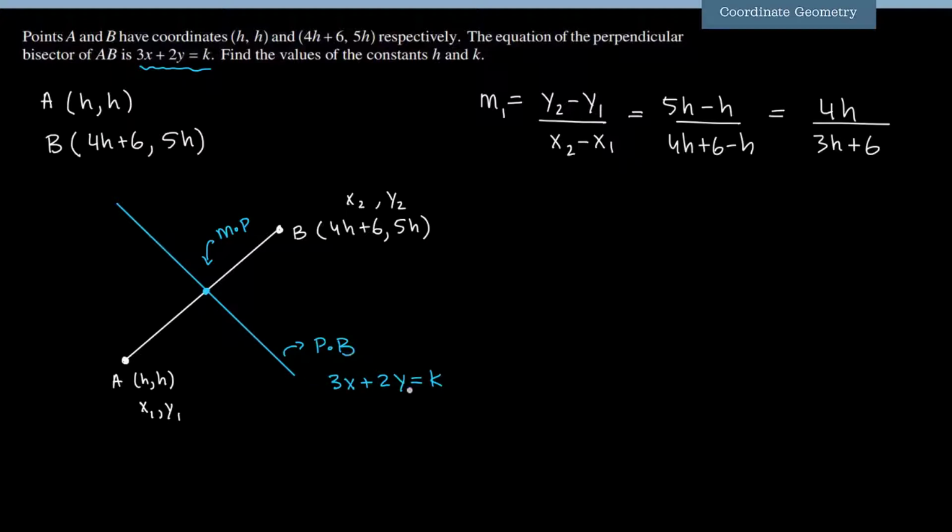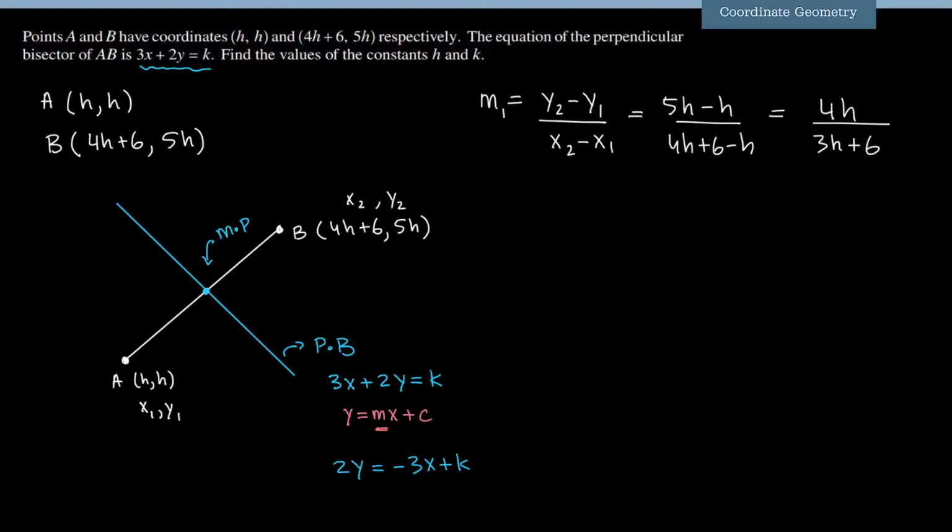Now I'm going to find the gradient of this perpendicular bisector. I don't know any point on the perpendicular bisector, but I do know its equation. If we rearrange the equation in the form y = mx + c, we can find the gradient, that is the coefficient of x, by comparing. If I send 3x to the other side, I'll get 2y = -3x + k.